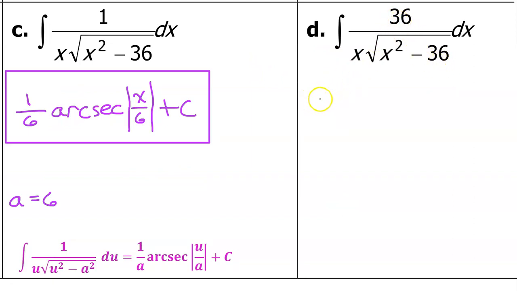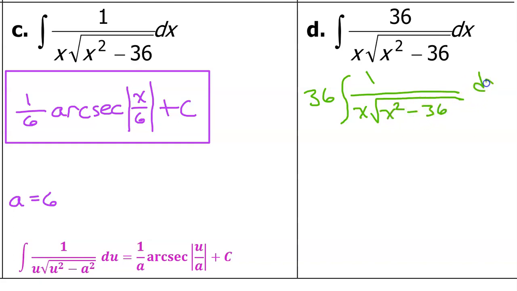For part D, we see the 36 in the numerator and the constant of the denominator. Let's bring that 36 out in front of the integral like you do, leaving behind 1 over x times the square root of x squared minus 36 dx. So this is exactly what we had in part C, just with a 36 in front of it.